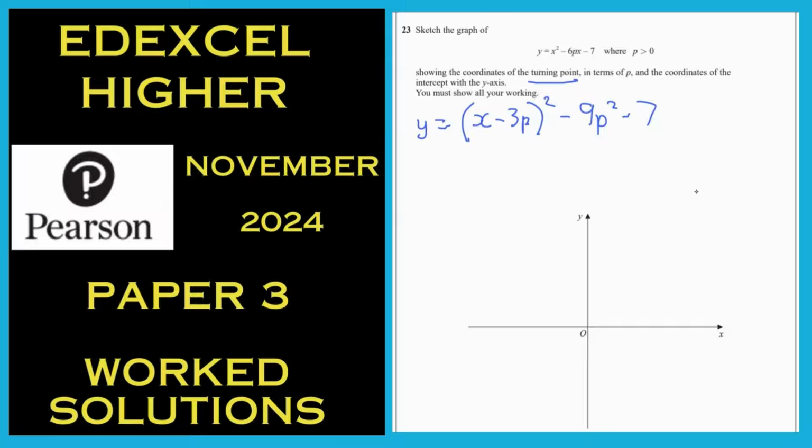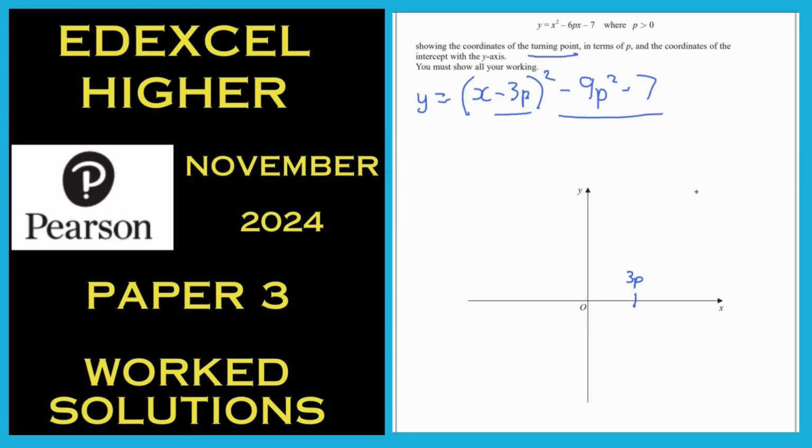Now, what do we complete the square for? We complete the square because whatever this value is, if you change the sign of it, you get the horizontal coordinate of the turning point. And whatever comes at the end is the vertical or the y coordinate of the vertex, or the minimum or the turning point.